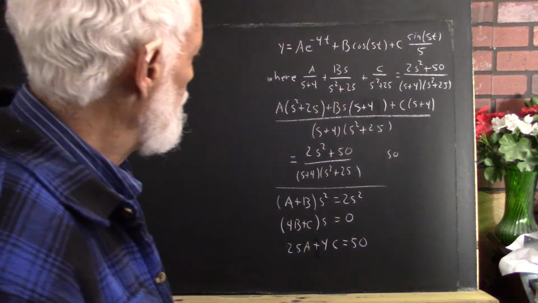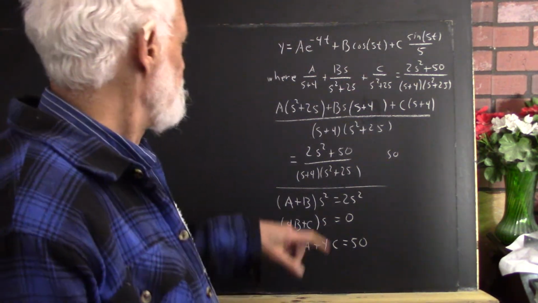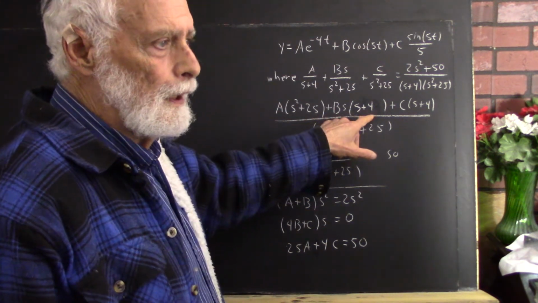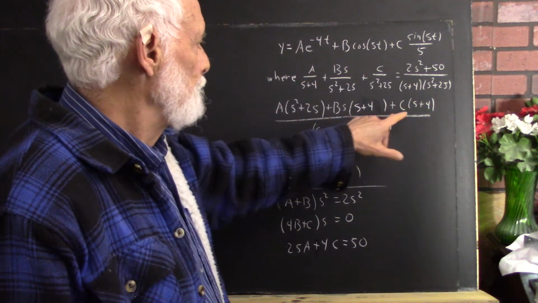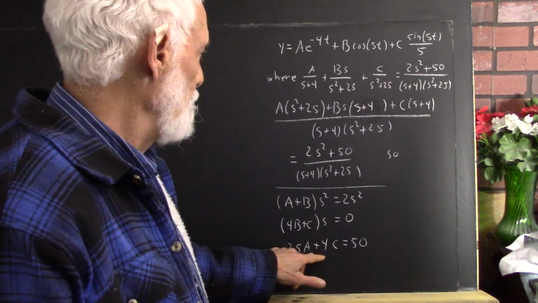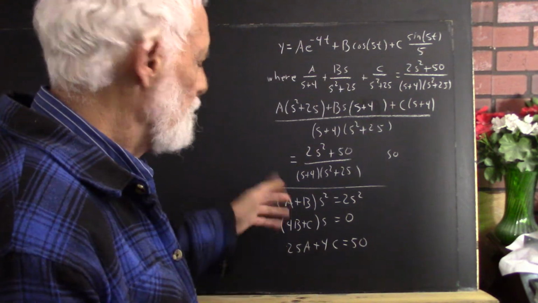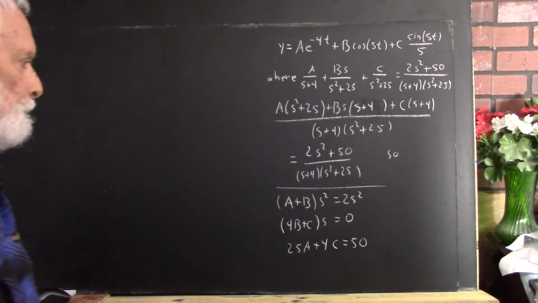And if I've written that down correctly, let's double check it. I get a 25a here. I don't have a constant multiple of b, and I have 4c. So there we have it. And that's got to equal our constant term. Okay. The rest of it I think I've got right.